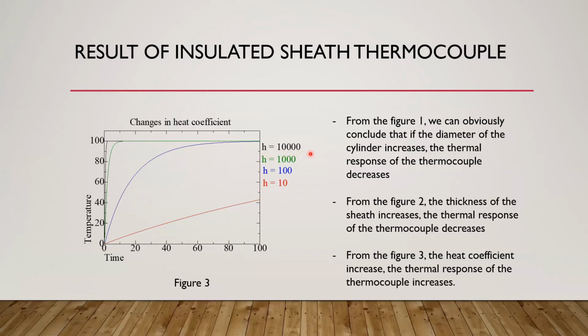By comparing the four data lines right here, we can conclude that when the heat coefficient increases, the thermal response of the thermocouple increases, which means the time taken for the heat to be fully transferred throughout the thermocouple decreases.